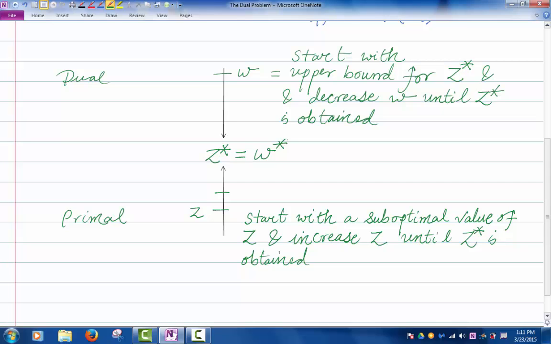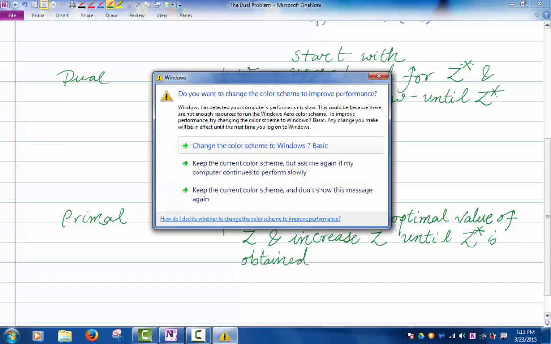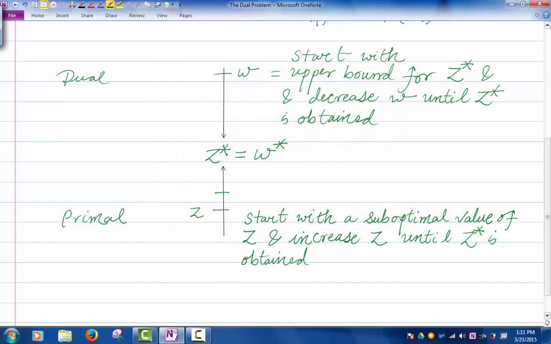Am I making sense? So what I'm trying to do is find the problem, which I'm calling the dual problem, and I want solutions associated with the dual problem to be upper bounds for Z star. So instead of increasing the value of Z to get Z star, we are decreasing the value of W in order to get Z star. Am I making sense?